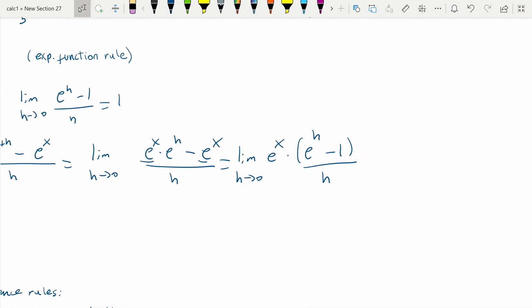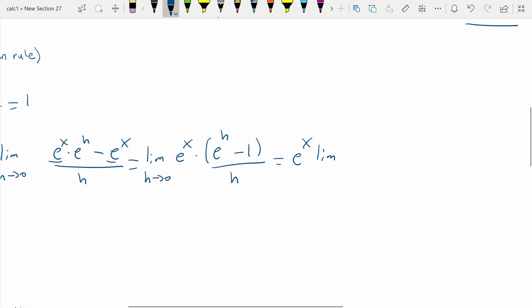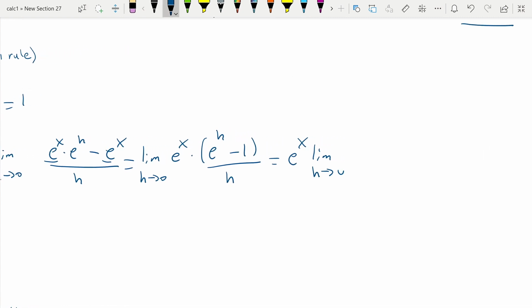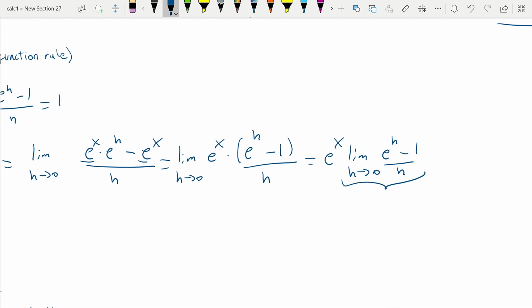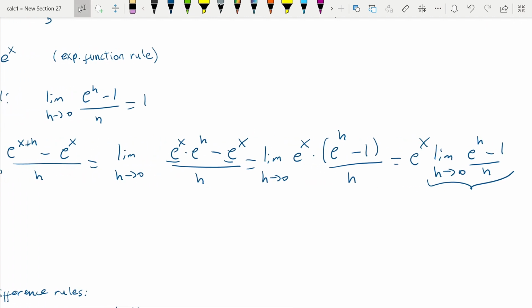Notice that e to the x does not depend on the variable h, so we can bring it outside of the limit. E to the x is constant with respect to h. It does not change when h changes. So we may write this as e to the x times the limit of e to the h minus 1 over h. But wait, this limit is the one we just assumed to be equal to 1.